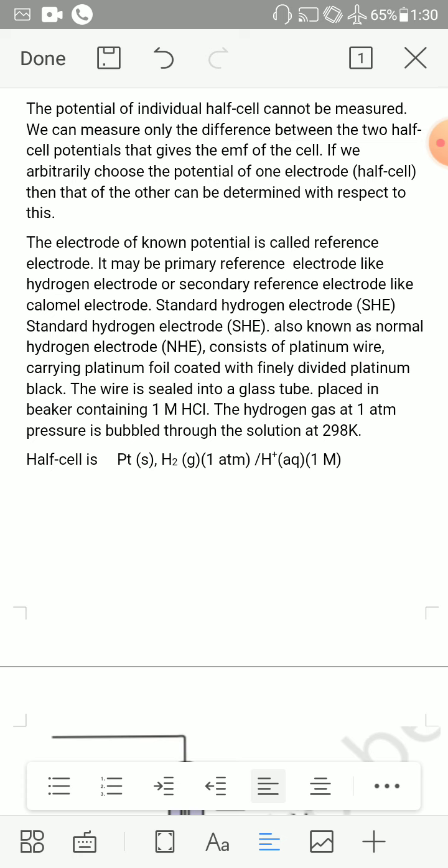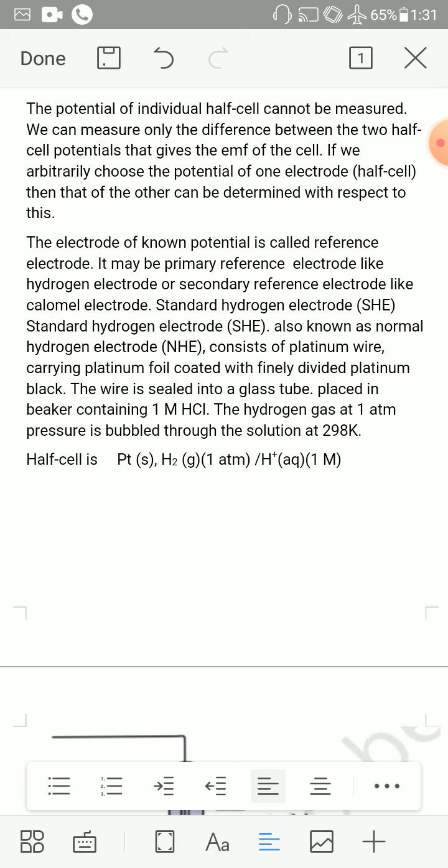The half cell for the standard hydrogen electrode is represented as Pt(s), H2 gas at 1 atmospheric pressure | H+(aq), where the concentration of H+ is 1 molar. This is the hydrogen electrode or hydrogen half cell.